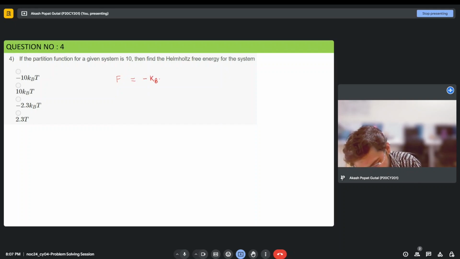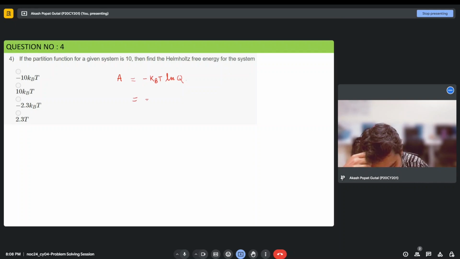minus kBT ln Q. This is the simple formula, let's use standard notation. So the Helmholtz free energy in terms of the partition function can be given as minus kBT natural log of the partition function.